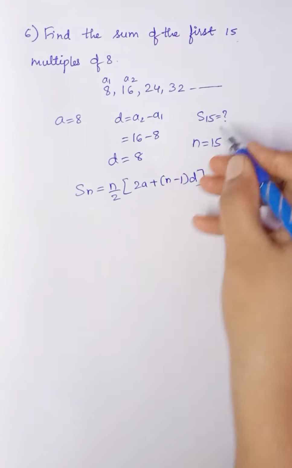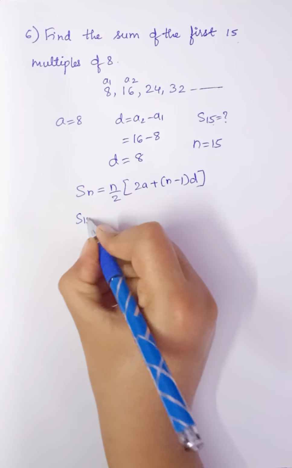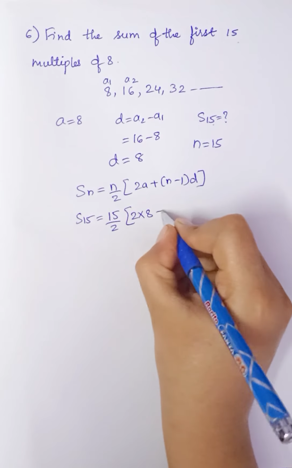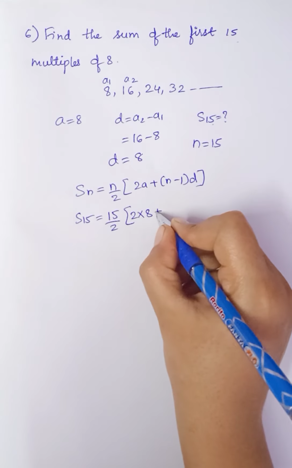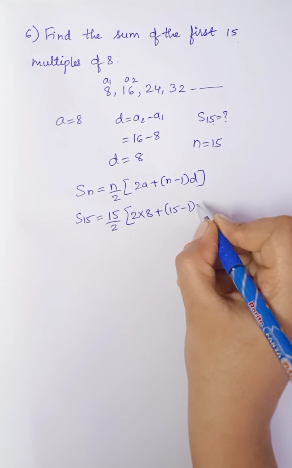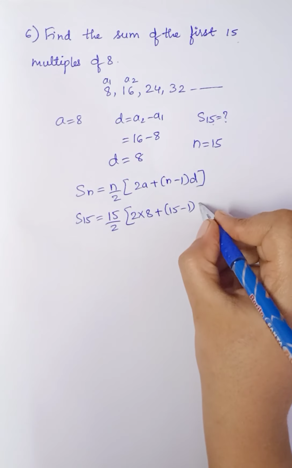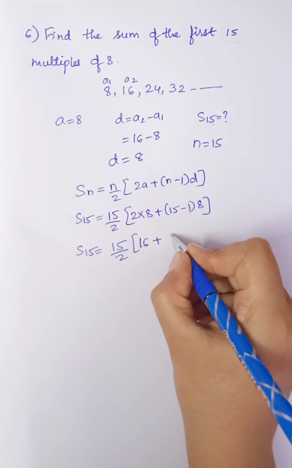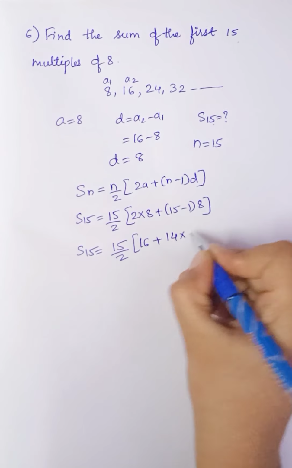So Sn is S15. S15 is equal to, n is given, so I write 15 by 2 inside the brackets 2 into a, where a is 8, plus n which is 15, 15 minus 1, common difference d is 8. S15 is equal to 15 by 2, 8 twos are 16, plus 15 minus 1 is 14, 14 into 8.